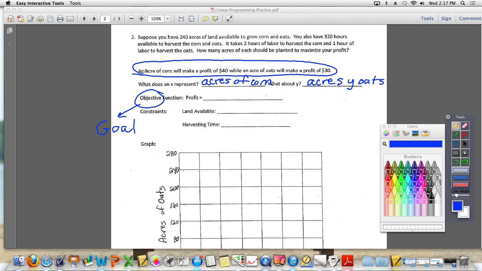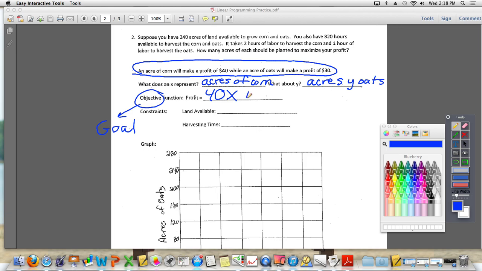So when you are writing your objective function, the goal is to make a profit. You will make $40 off of corn, so I'm going to write 40 times x. Why am I writing 40 times x? I make $40 for every acre of corn, and corn is my x. Would you agree? How much money do you make off of a y? $30.